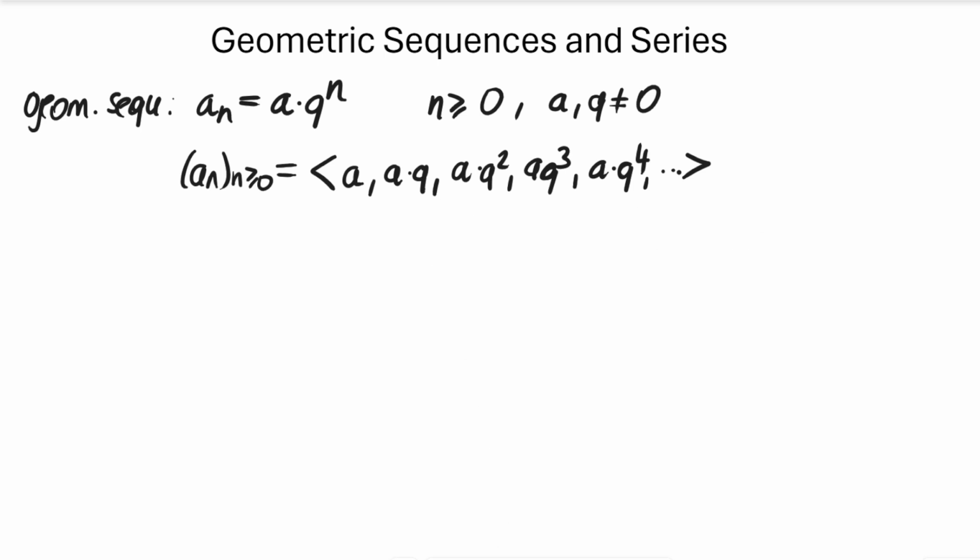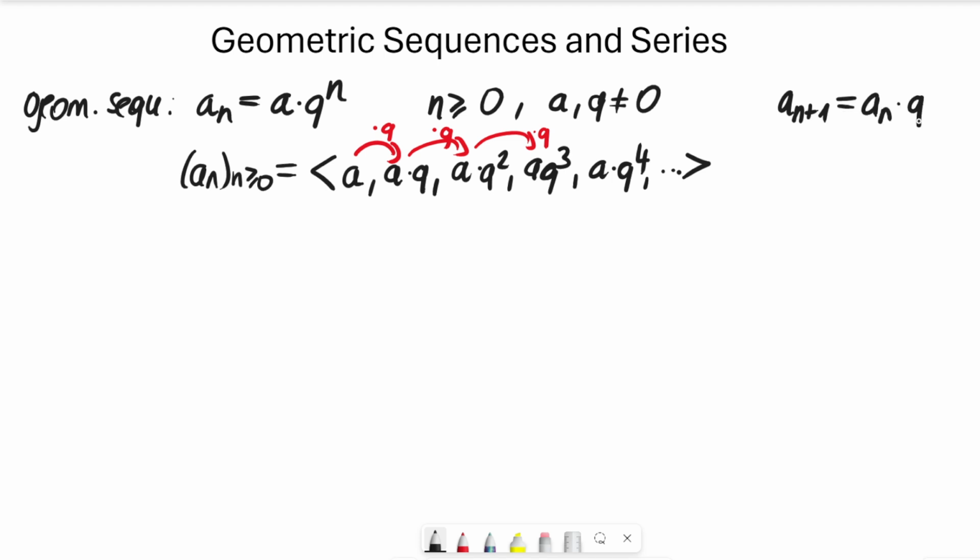So what does it mean? The geometric sequence is always just a multiplication by q of the previous term. So the next term is the previous term times q. In general, if you write it down, it means a_(n+1), the future term, is the current one times q.